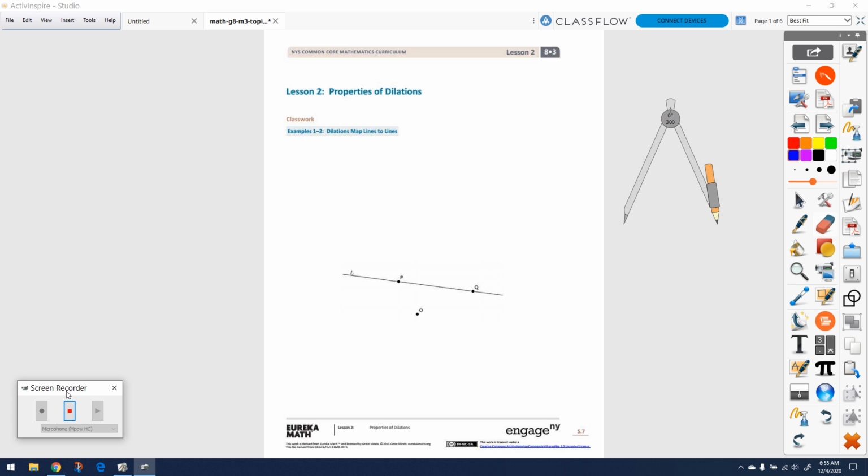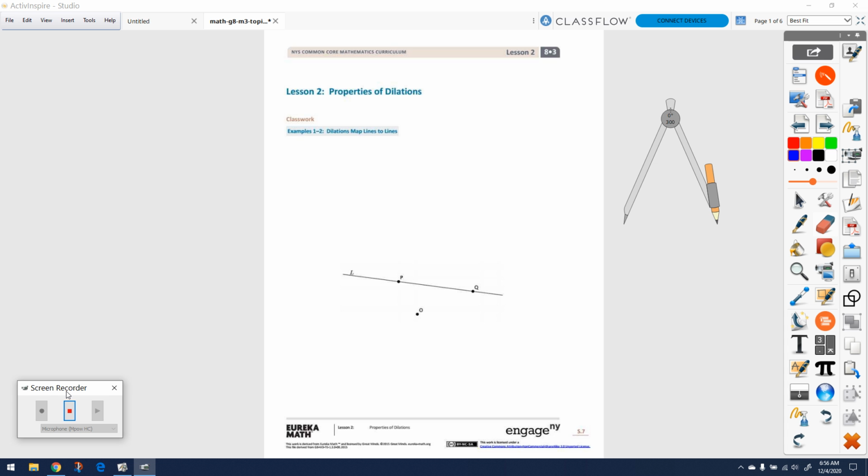Currently we have line L, and we have 2 points on this line. We're going to use those 2 points to make another line, and we are going to dilate this with a scale of 2.